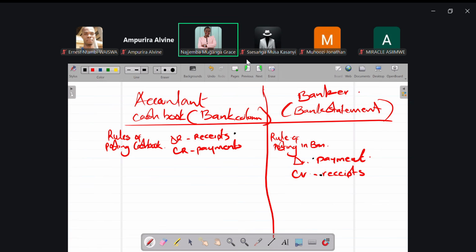So these are the rules. Different rules, but they all lead to the right answers. We expect that the accountant, following his or her rules, should end up with the same closing balance as the balance on the bank statement.